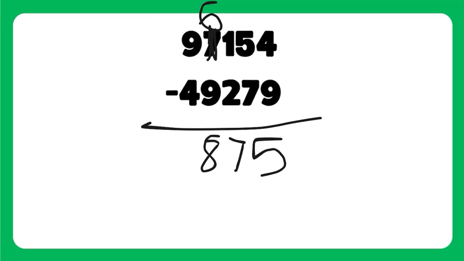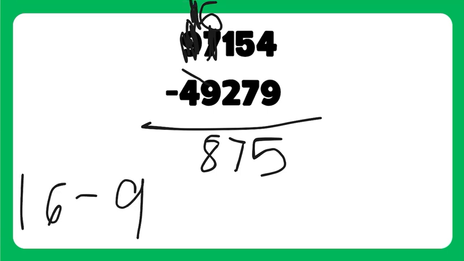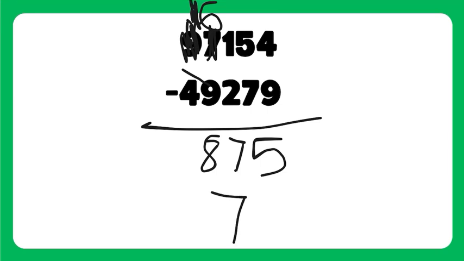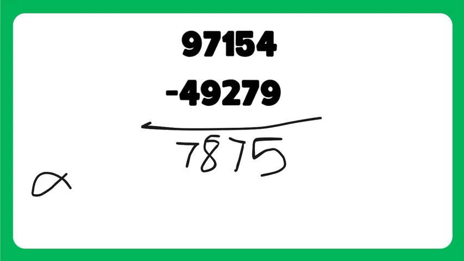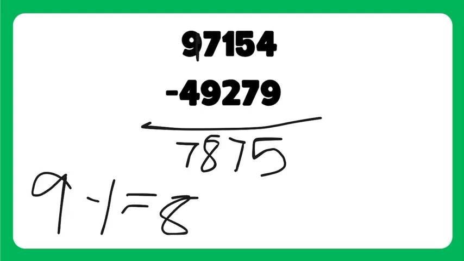Now this 9 is going to give us some power, and this is going to become a 16. 16 minus this 9 over here, that gives us a 7. So now that we have 7 as the answer, we will note it down here. And the 9 gave us power, so the 9 will be subtracted by 1, and that will give us 8. So this is going to become an 8.